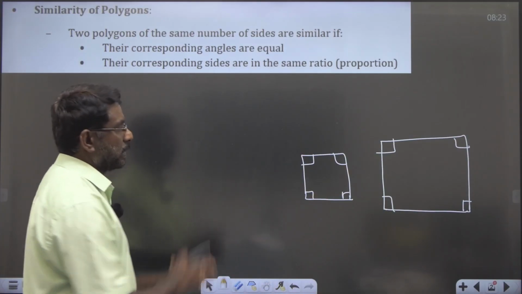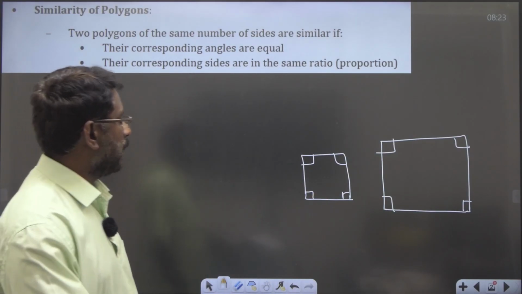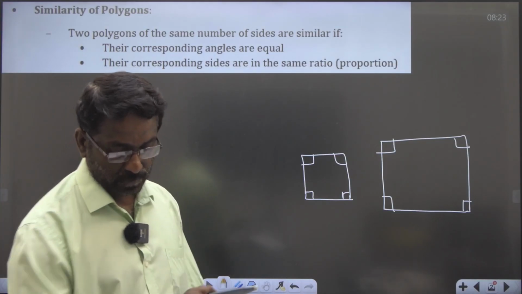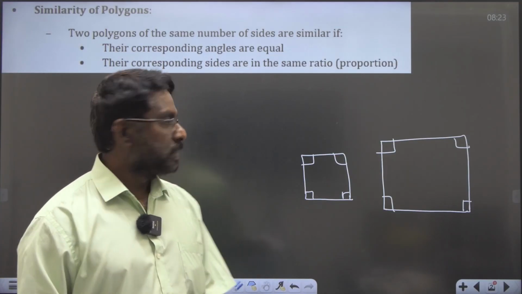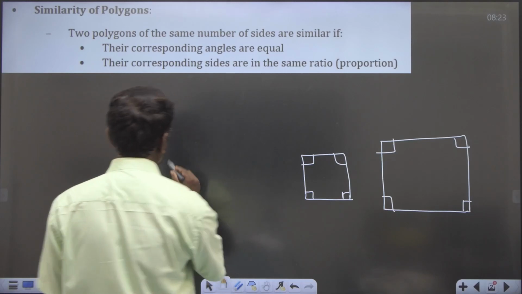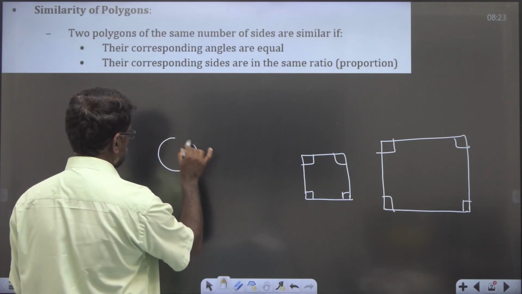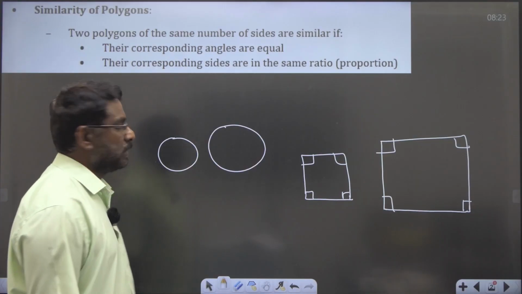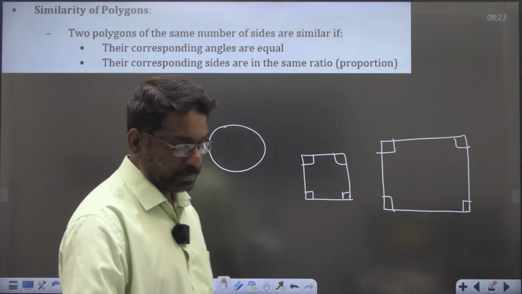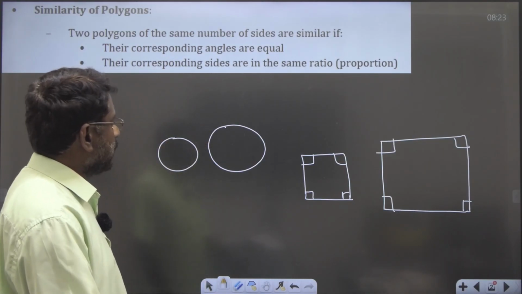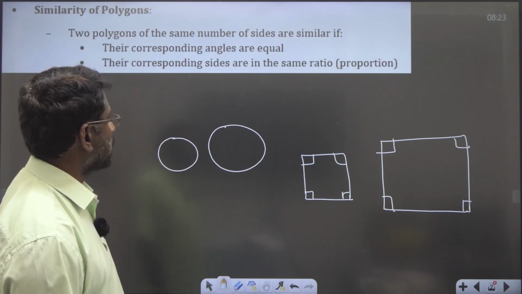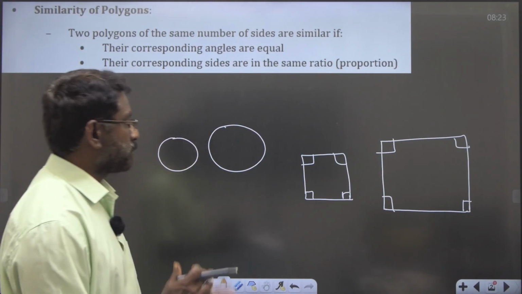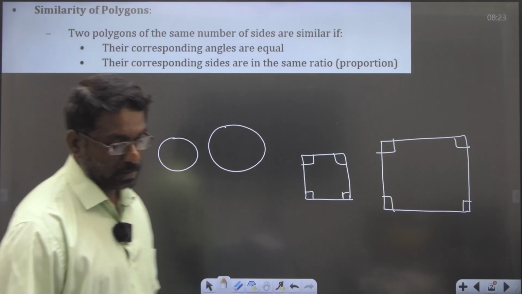These two squares are similar: angles are equal, sides are proportional. Circles are also similar; a circle is not a polygon, but circles are also similar. Similarly, two triangles are said to be similar if their corresponding angles are equal and corresponding sides are proportional.